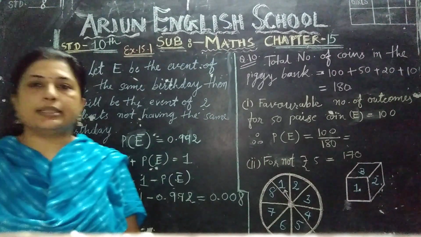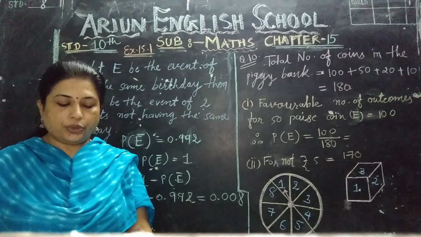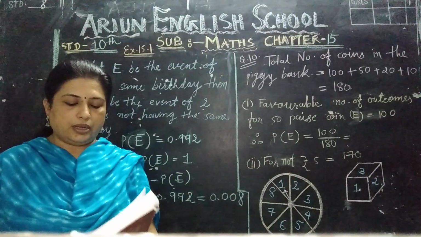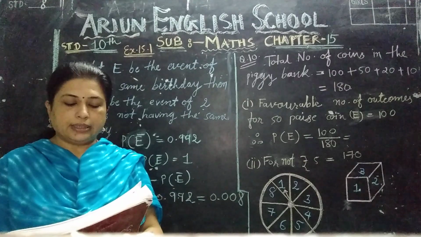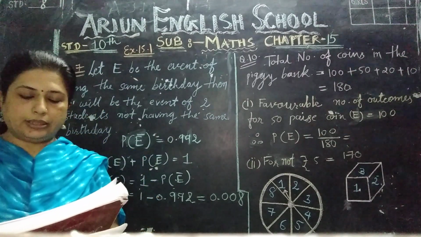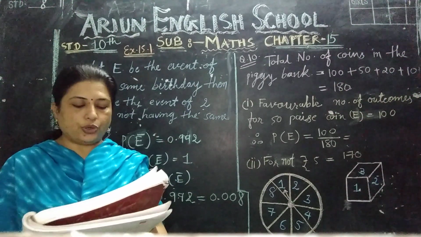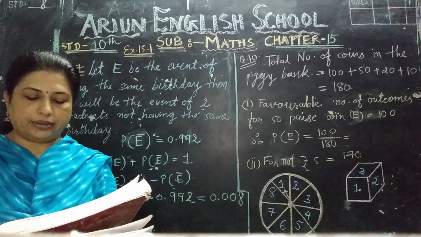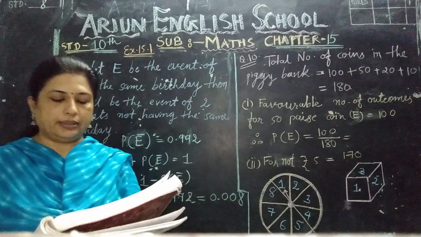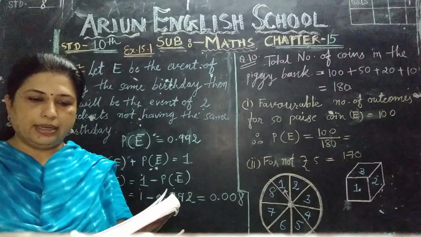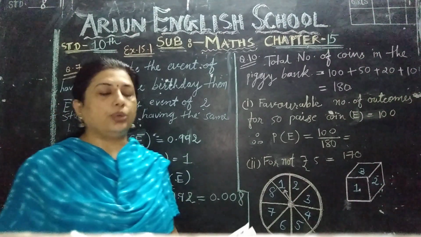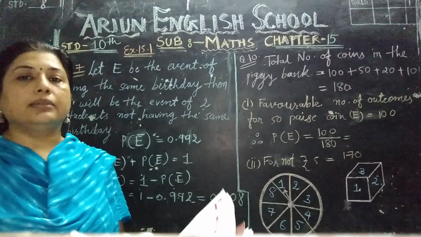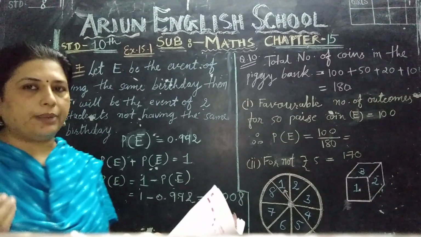In your exercise, the 8th question is, a bag contains 3 red balls and 5 black balls. A ball is drawn at random from the bag. What is the probability that the ball drawn is red? Here you need to calculate the total outcomes, as there are 3 red balls and 5 black balls.